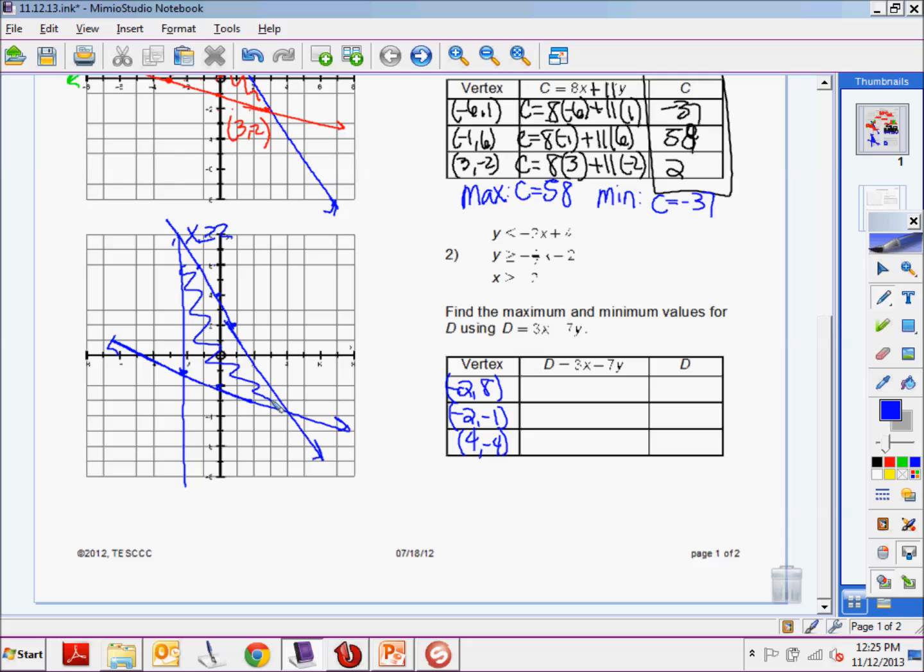Okay, so I plug in for D. Is it 3x plus 7 or minus 7? Just 3x minus 7.